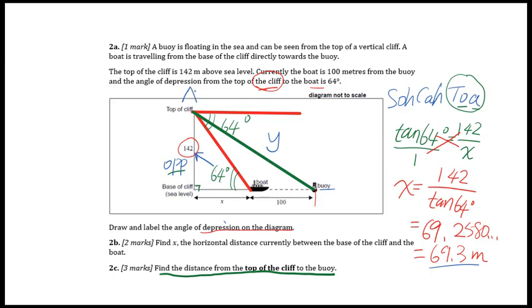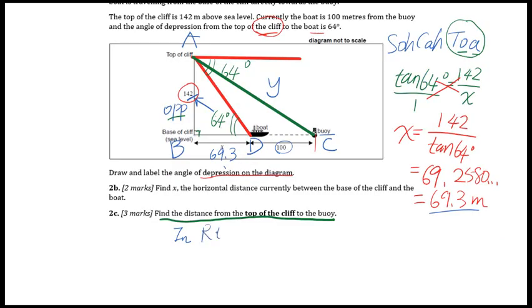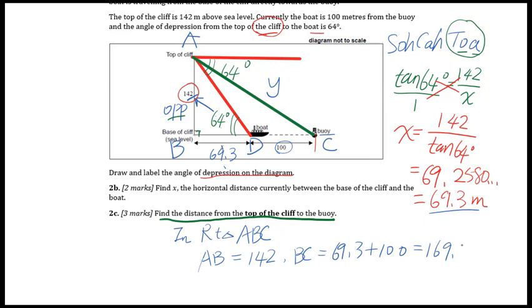Let's label, this is A, here's B, this is C. This will be the D. Basically, we are looking for the distance from A to C. Let's label the distance of AC as Y. So in right triangle ABC, we already know AB equals 142 and BC equals 69.3 plus 100. That is 169.3.